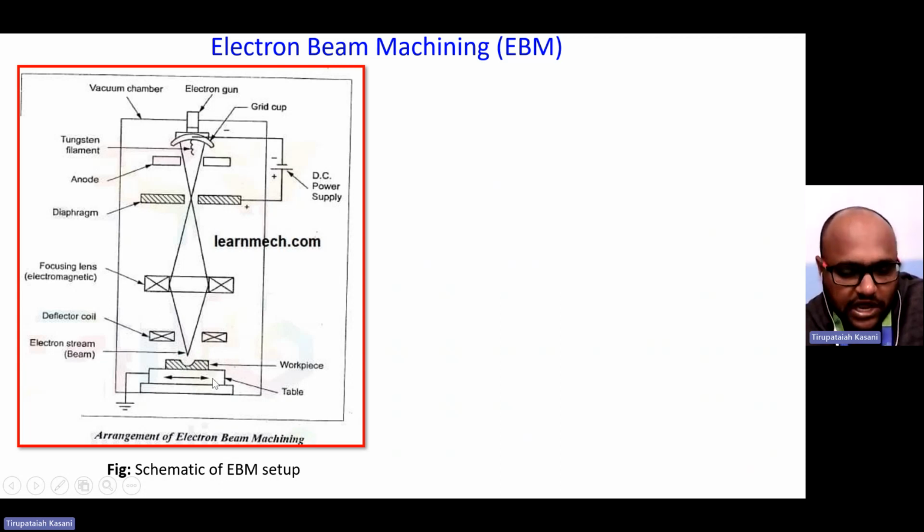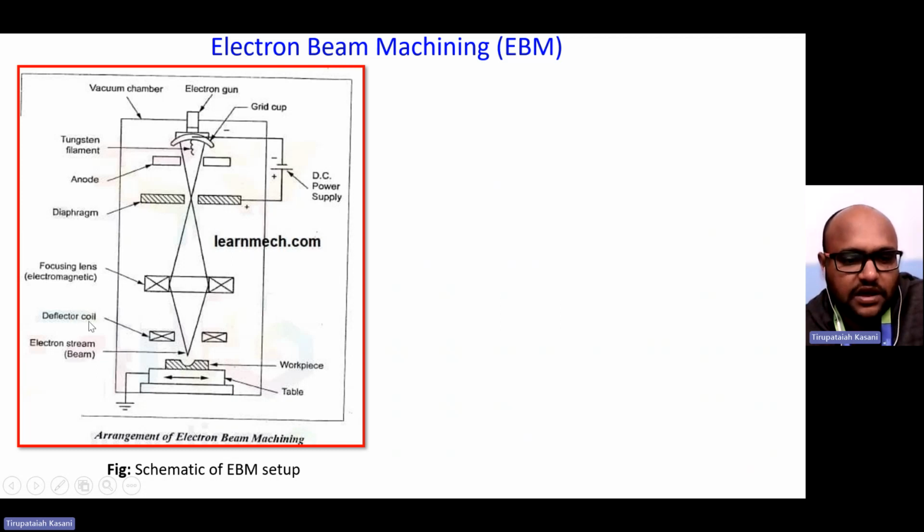This is the workpiece table, with table movement in the XY directions. The electron beam is focused using focusing coils over the top surface of the workpiece. That is the reason these are called the focusing lens or electromagnetic lens.